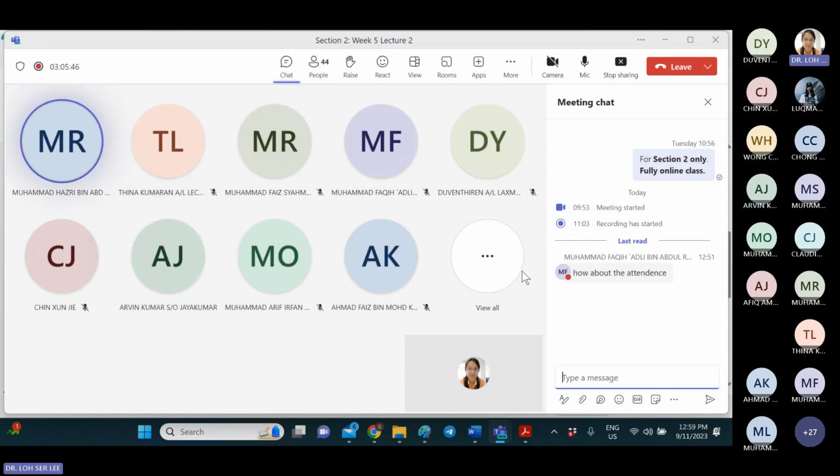Doctor, which topics will come out for the midterm? I'm still waiting for the info from the coordinator because I haven't received the confirmed date and also the topics. Once I receive it, I will let you know.